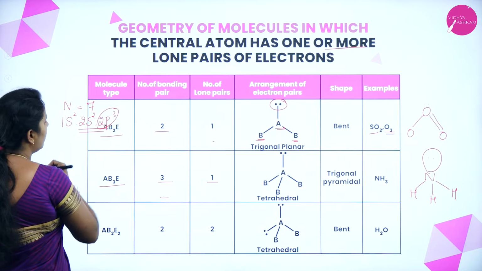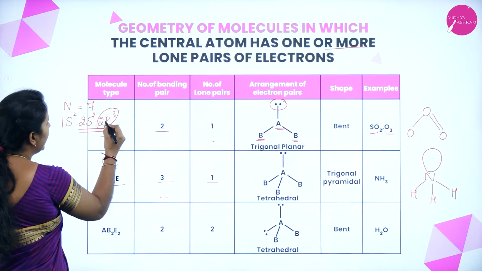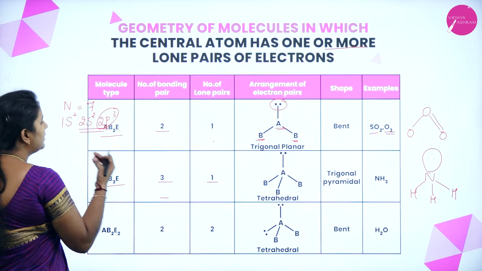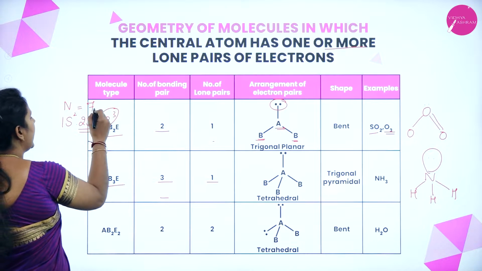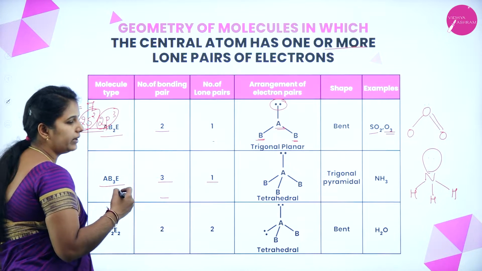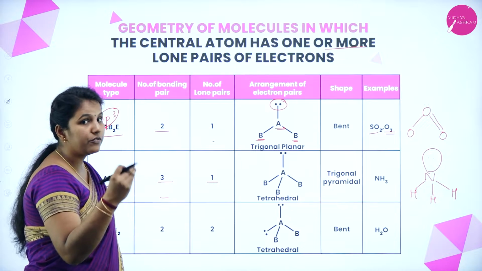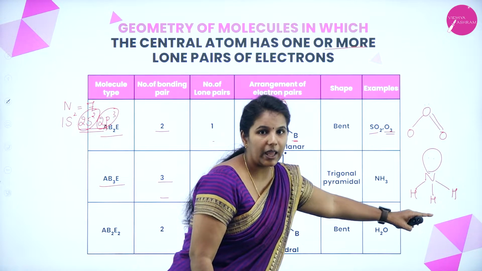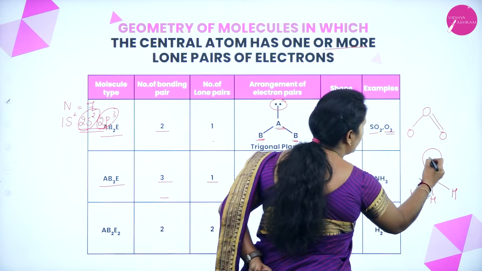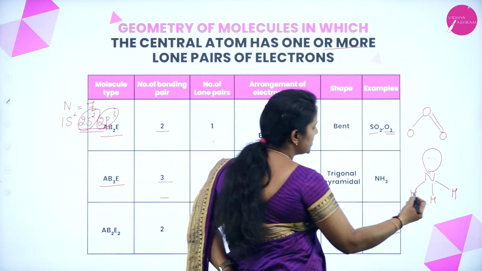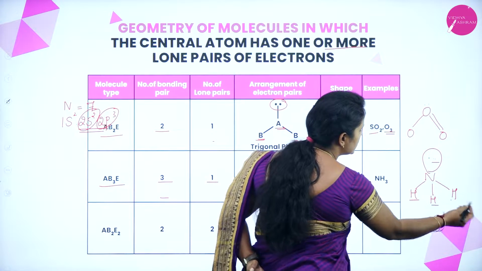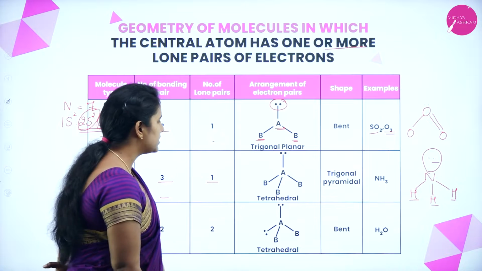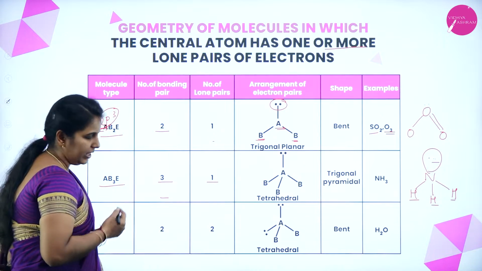The 3 electrons in the p orbitals overlap with 3 different hydrogen atoms, forming 3 bonds. Whereas the pair of electrons in the s orbital is a lone pair found on the nitrogen atom; it remains unhybridized and does not form any bond. Hence it is known as a lone pair, and these are the 3 bond pairs. Okay. So hope you all understood this AB3E type.